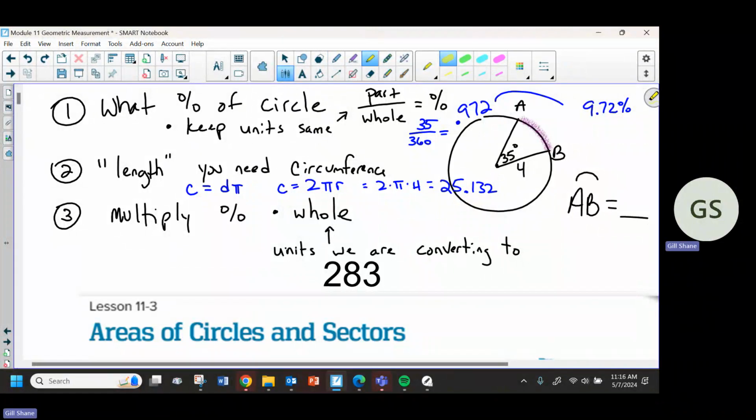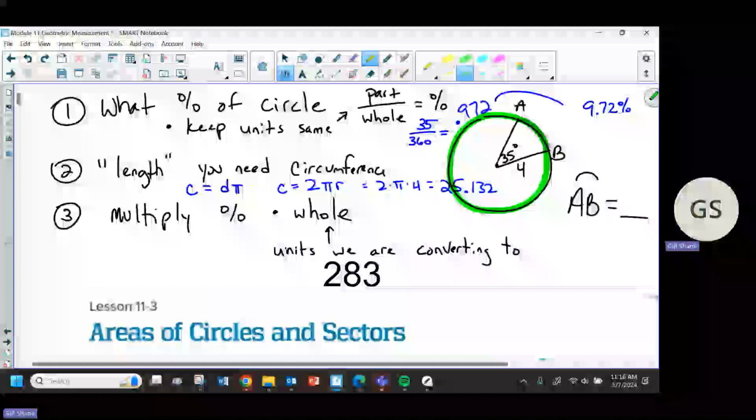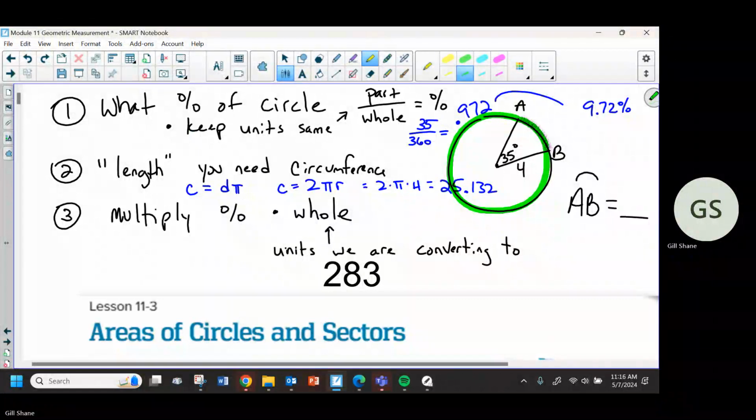So the entire circle is 25.132. The 4, we multiply by 2. 2 times 4 is 8. 8 times 3.14. That makes sense, right? Because 8 times 3 is 24, so it should be a little bit bigger than 24. So that's the entire circle.